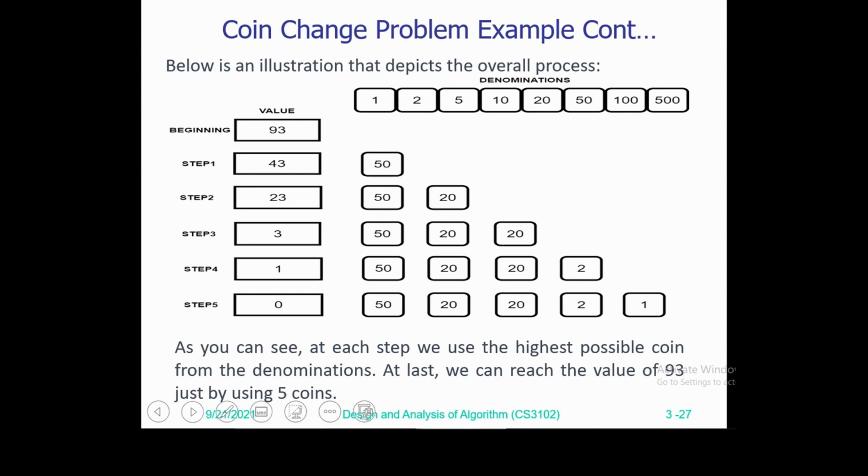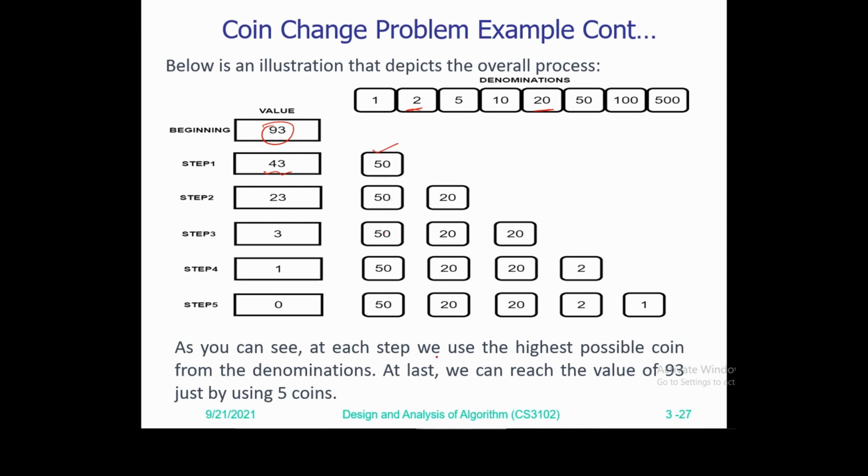This is the illustration of the whole operation which we have discussed in the previous slide. The value is 93. We have these denominations. So what will we do? We take the largest coin just smaller than 93, which is 50, so we will take that one. Then how much is left? 43. Below 43 we have 20, we took 20, subtracting 20 leaves 23. Then again, the coin less than 23 is 20, so 50, 20, 20, and 3 will be the balance left. Now below 3 is 2, so 50, 20, 20, 2, then there is 1, so 50, 20, 20, 2 and 1.